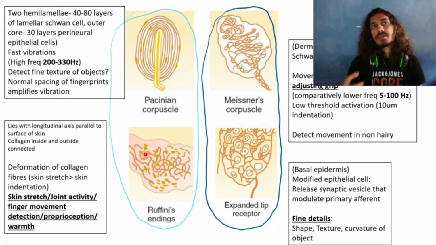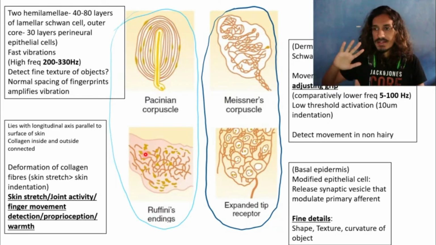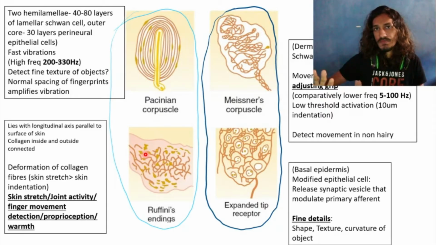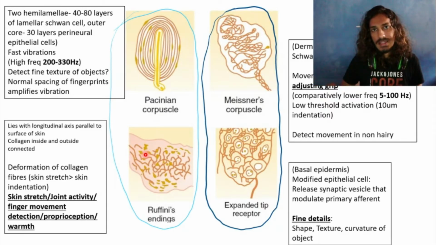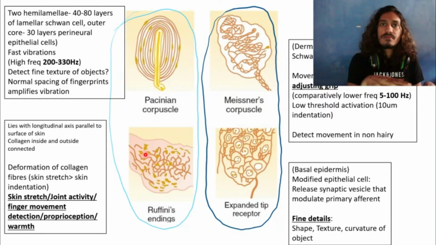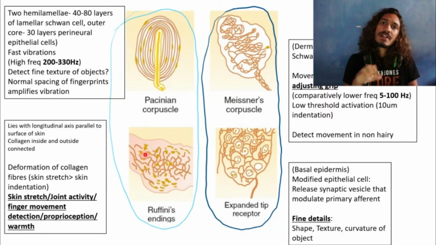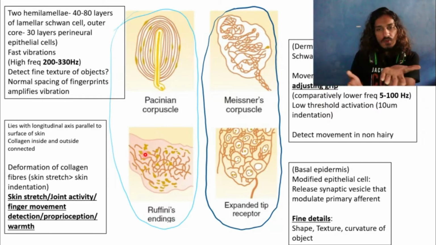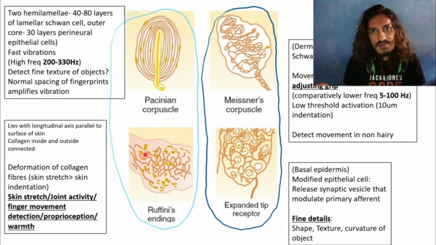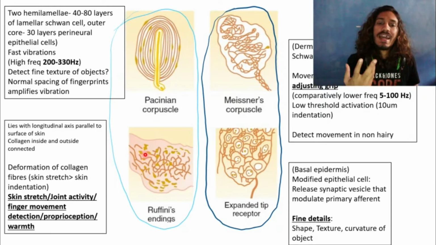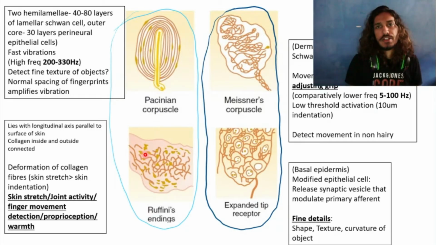So they somehow are connected to each other, so that when there is a deformation in the surrounding connective tissue, that results in a deformation inside also, and that sort of activates your afferent terminal. Such deformation is actually more with stretch apparently. So for example, when you hold skin and you stretch it, your skin gets stretched over here.